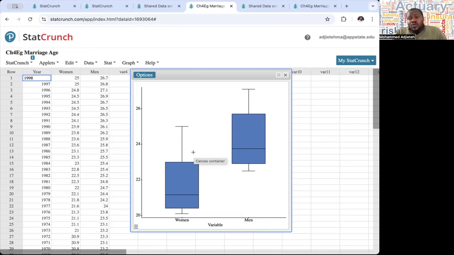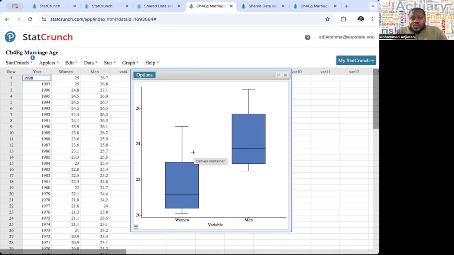The other plot I want to show here is called the time plot. I'll talk about it in the later slides, but I just want to show it now.